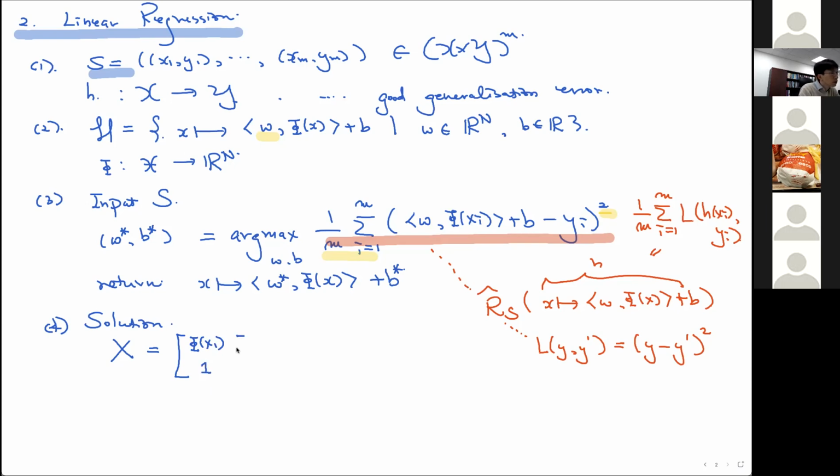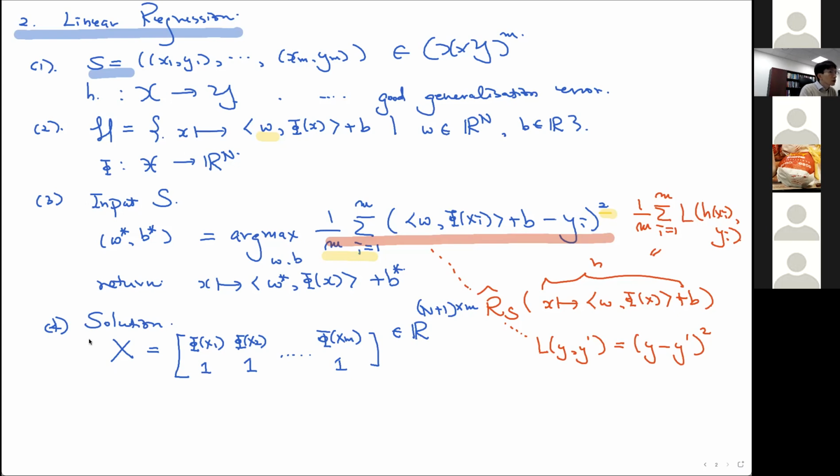The second column will have phi of x2, which also has an extra entry with the number 1, and so on. We have m examples, so the last one is phi of xm, and then there's 1 here. The dimension of this matrix is going to be n plus 1 times m.